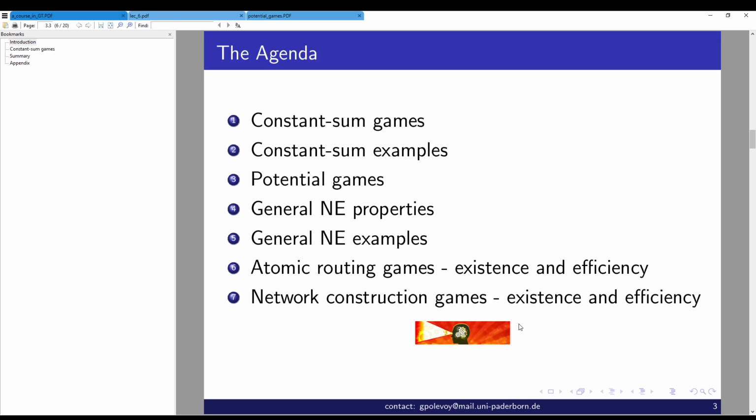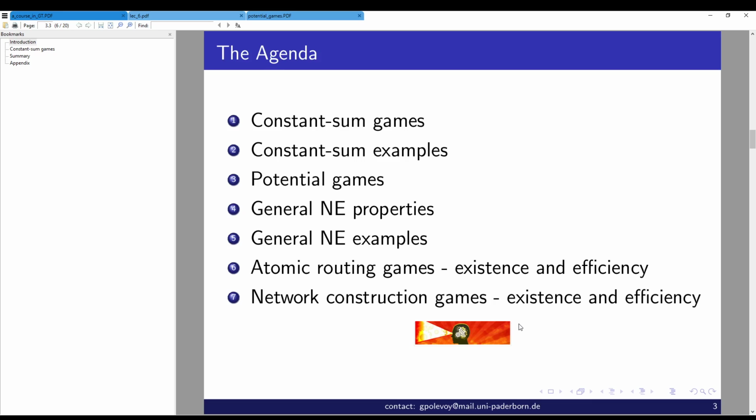And finally, we will look at two very important concrete classes of games. One is atomic routing games. So it's the game where players choose a concrete path through which they want to go.